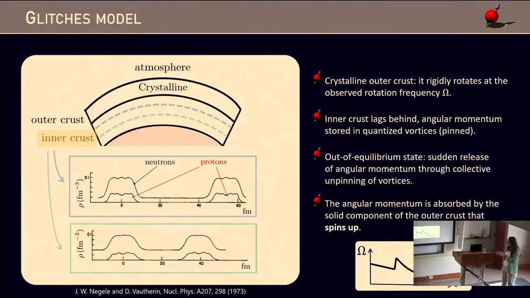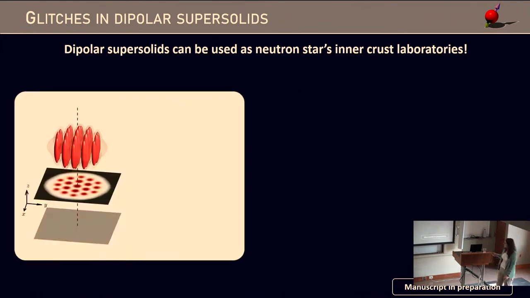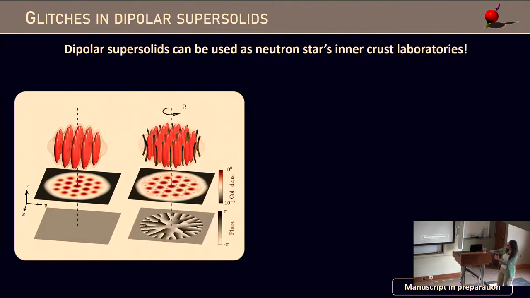So since the inner crust resembles a bit the structure of dipolar supersolids, and since this inner crust is responsible for the glitch phenomenon, we can try to use dipolar supersolids as inner crust laboratories, to simulate exactly the same dynamics. For example, we can take this supersolid state with 19 droplets, and we can put it under rotation.